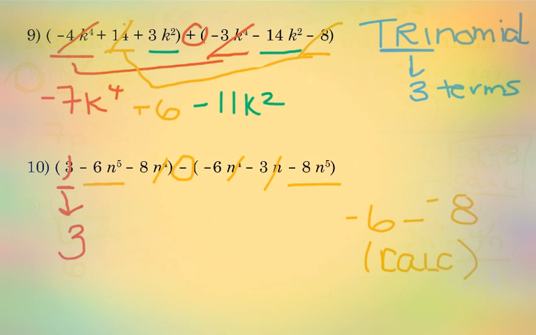Negative 6 minus negative 8 should give you a positive 2. And then remember, keep everything that's there. We have now used these. Okay.